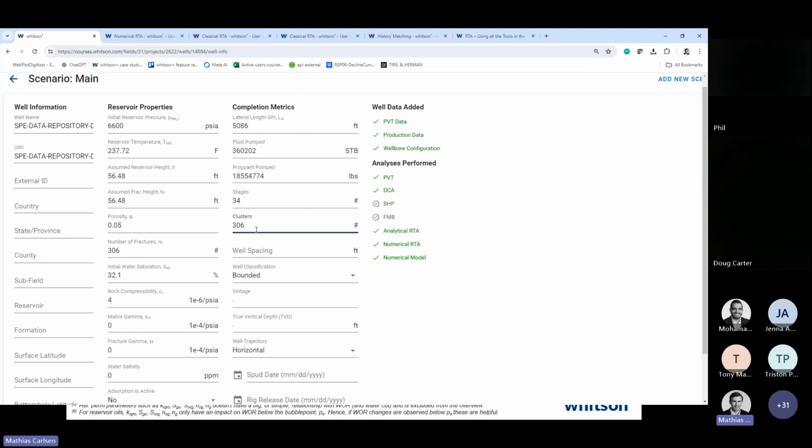Among our clients, close now to over 100 companies, I see most people using some kind of cluster efficiency, typically numbers of 70 to 80% of all the clusters. I'm not saying it's right, but that's what I'm empirically seeing from the clients that we work with. A little bit of a problem we run into is that some clients like to put the number of fractures equal to the number of stages.